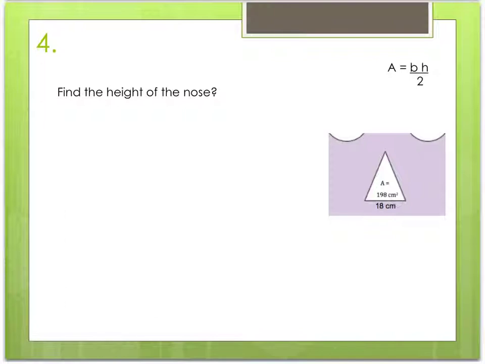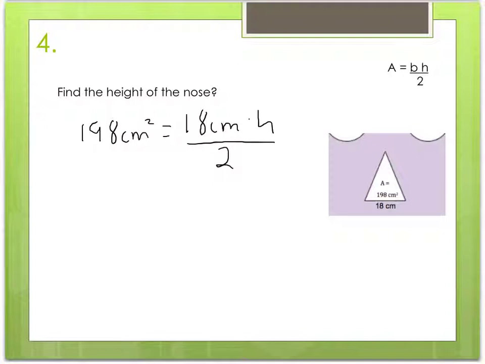So our area is equal to 198 centimeters squared, equal to our base, which is 18 centimeters, times by our height, which is our unknown, divided by 2. Now, in order to get height by itself, we are going to times this side by 2, which will cancel it out, but what we do to one side, we also need to do to the other.